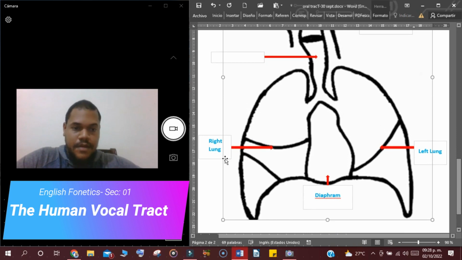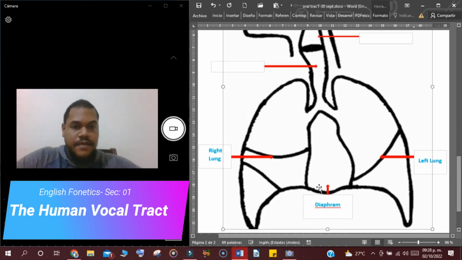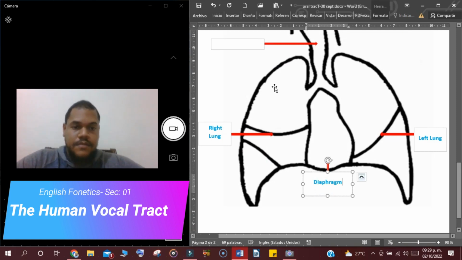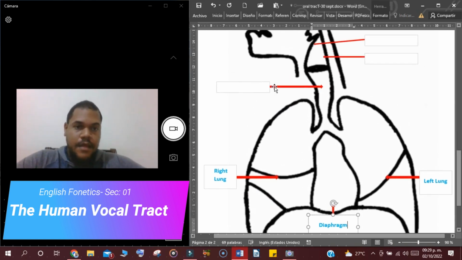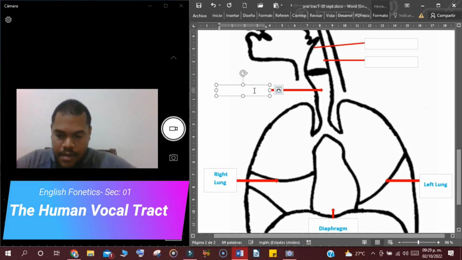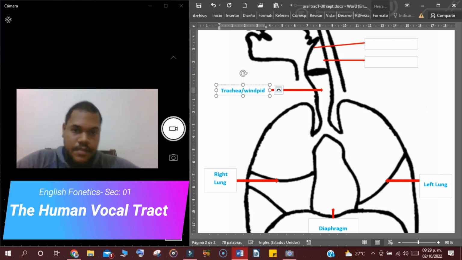And we have the right lung, left lung, diaphragm. And here you have the trachea, also called the windpipe.